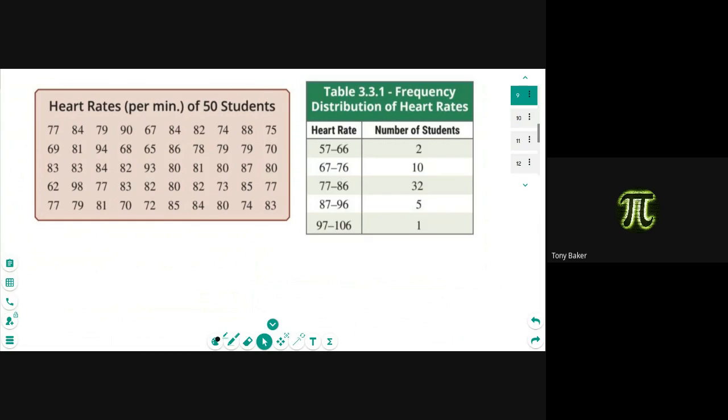So if we're looking at heart rates per minute of 50 students, here's all our heart rates. And notice they're not in order. So when we're trying to create a frequency distribution for it, we need to come up with the ranges we're looking at first, and then we count the information in those ranges.